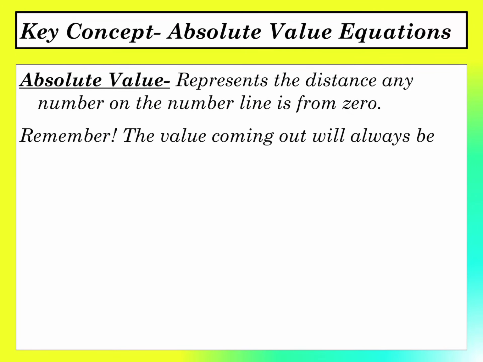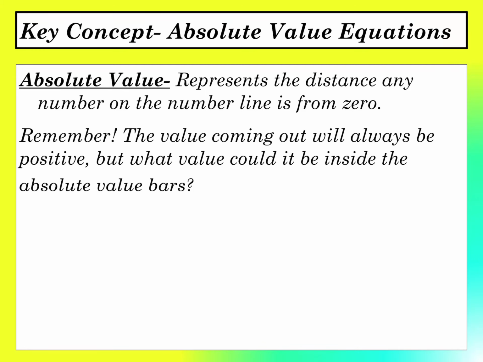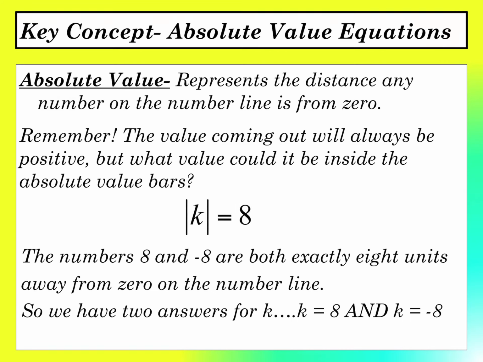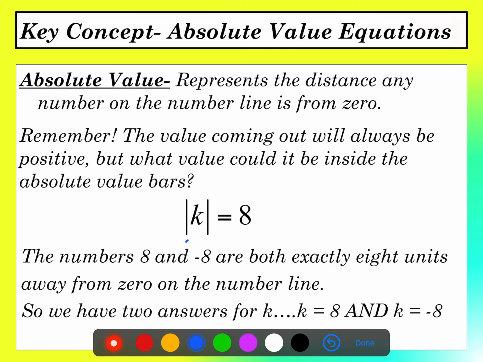All right, so you're going to recall that absolute value is the distance from zero on a number line, okay? And we know that anything inside those absolute value bars has to come out as positive. But that means that you can plug a positive or a negative inside and still get the same result.